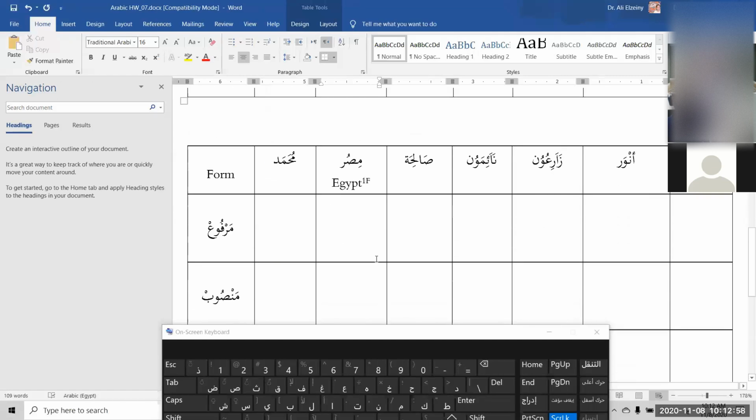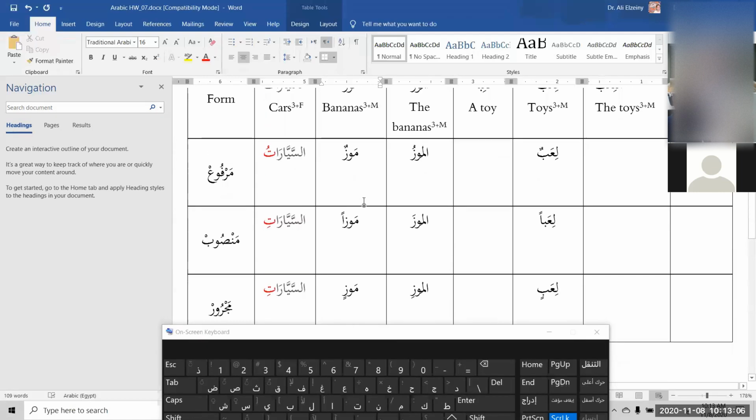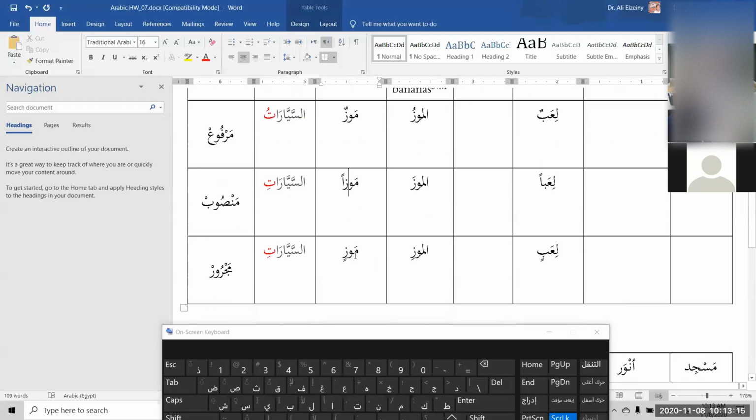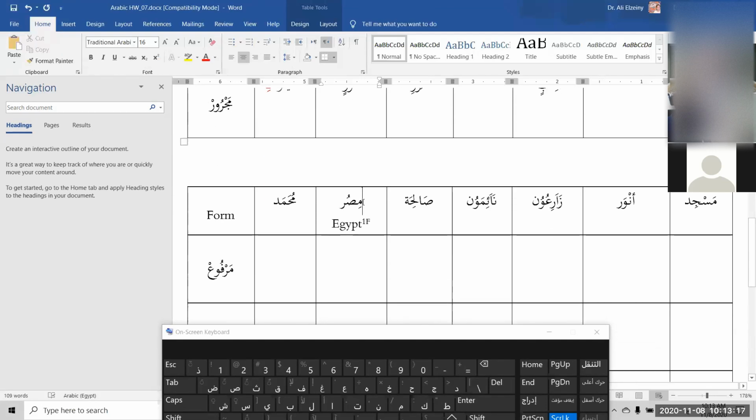Okay, let's do Egypt, for example. You notice here that I'm not putting a haraka at the end. Why? Because you are the one who's going to determine the haraka. When you have a country, usually we don't have alif lam.